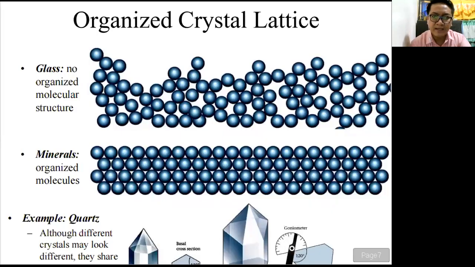Ito po yung mga sample po nating molecules, so molecular structure po pag po yung basehan po natin ay glass at minerals. Makikita po natin na yung glass has no organized molecular structure, minerals have organized molecules. So yun lang po yung kaibahan ng glass at ng minerals.